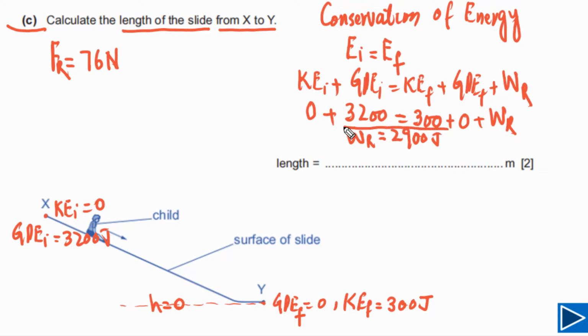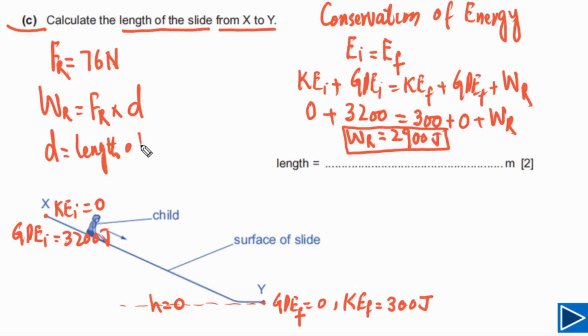joules. This is the work done by resistive forces, and work done by resistive forces is equal to resistive force times the distance traveled, and distance traveled is equal to the length of the slide. So we can calculate d, the length of the slide between X and Y. Now we need to find d, so this is work done against resistive forces divided by the resistive force.